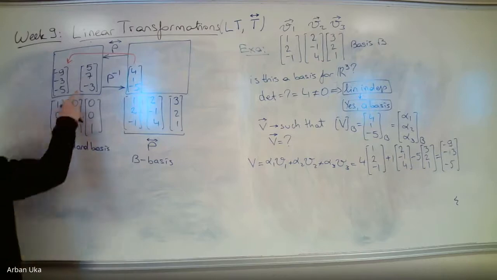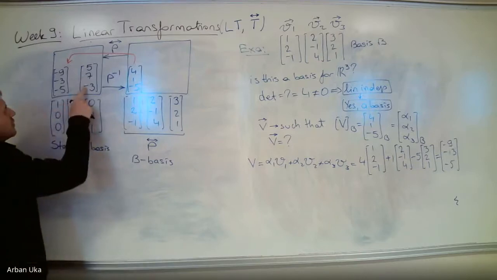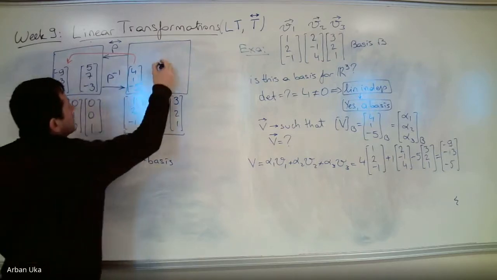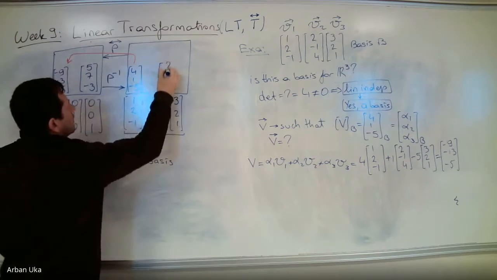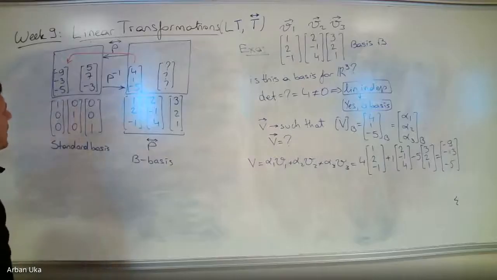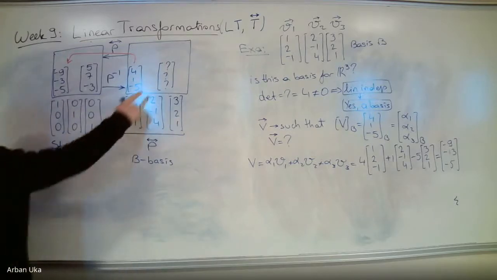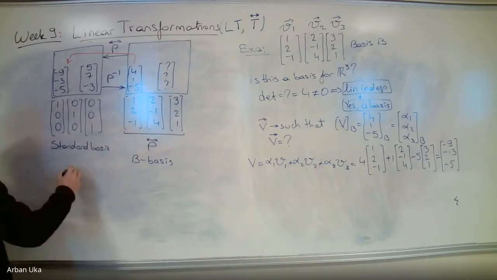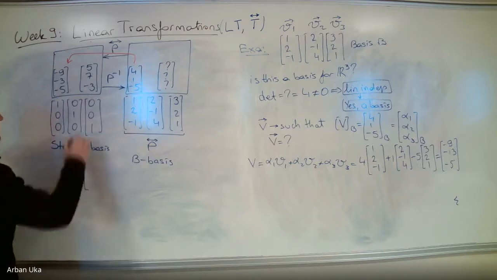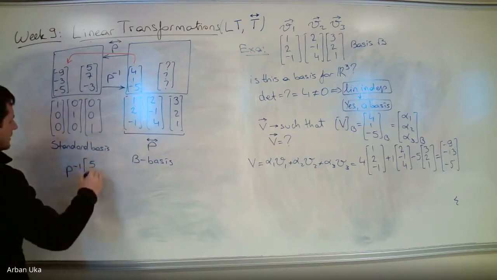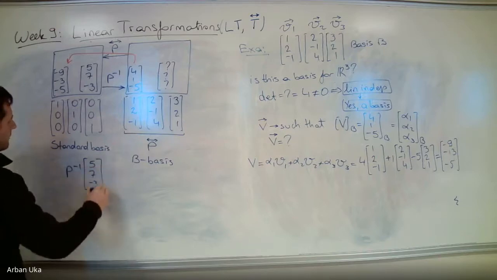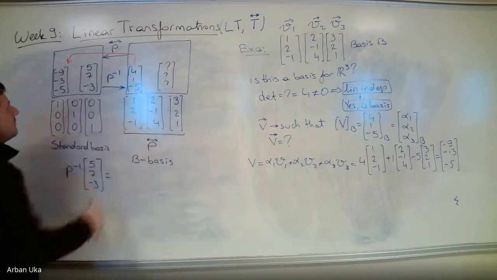This is a new vector. What would be the projection of this vector here? The inverse. That's correct. How are we going to find it? You are right, we do P inverse times 5, 7, minus 3, right? And this would be the answer here.